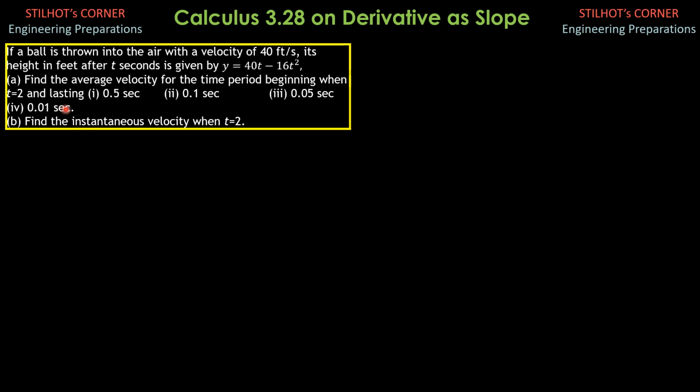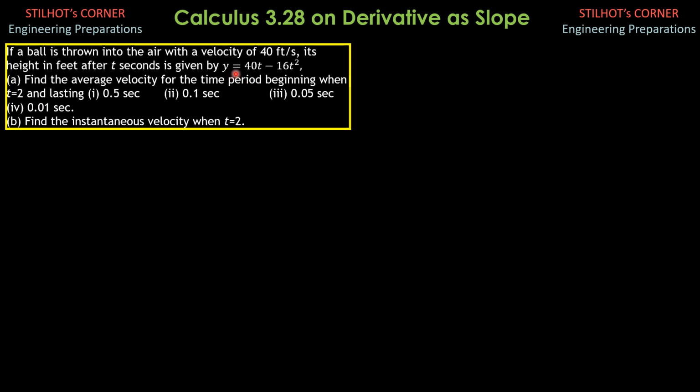So this average velocity is simply delta y over delta t. And delta y is the value of y when t is 2.5 seconds because the base time is 2 seconds, and for part 1 it's 2.5, for part 2 it's 2.1, part 3 2.05 seconds, and part 4 2.01 seconds, and the base time is 2 seconds.